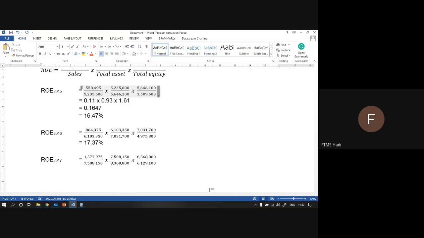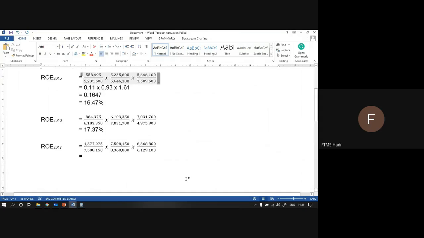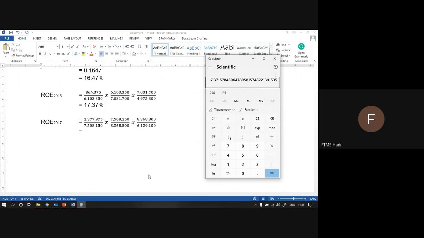Okay, so press the calculator and then you will get the answer. 1377975 divided by 7508150, and then multiply by another bracket, 7508150 divided by 8368800, and then multiply by 8368800 divided by 6129100.